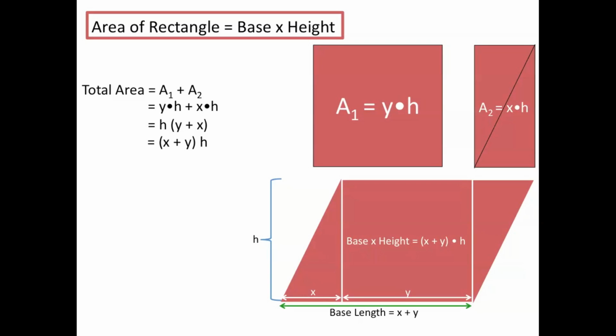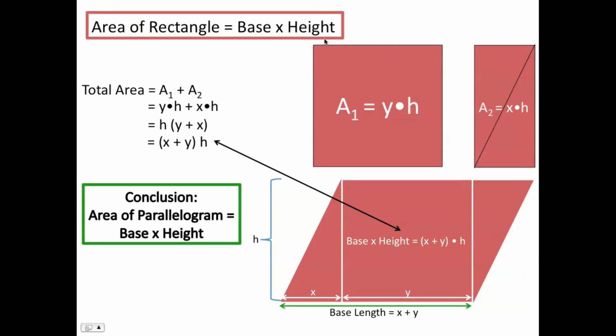We'll end up with x plus y times h, which is also equal to what we found over here. So that means in a parallelogram, the area is also equal to base times height, even though when you place the unit squares, they don't fit as perfectly on a parallelogram. The area can be found in the same way as a rectangle, which is base times height. So now we know that the area of a rectangle and a parallelogram is just base times height.